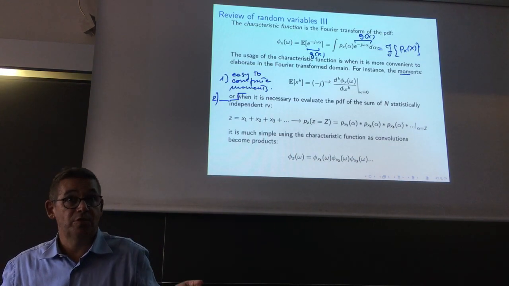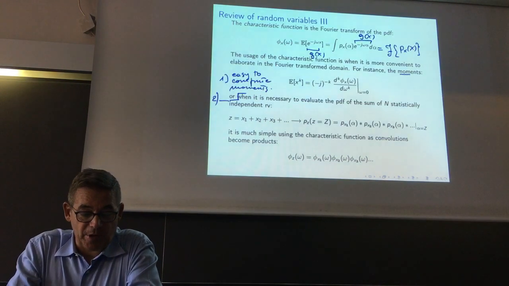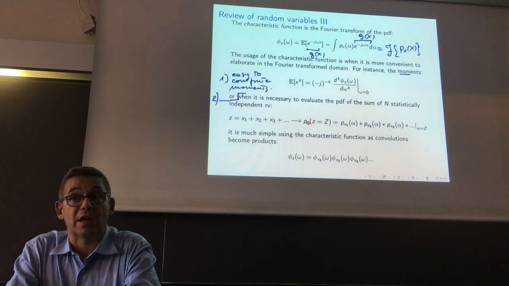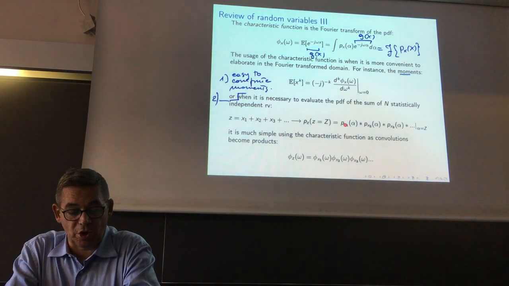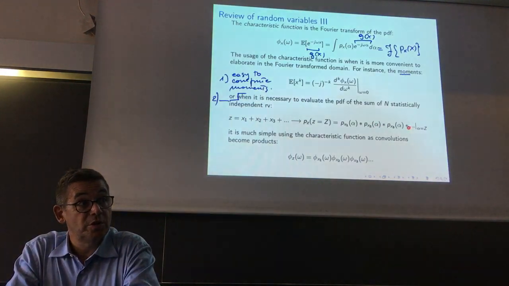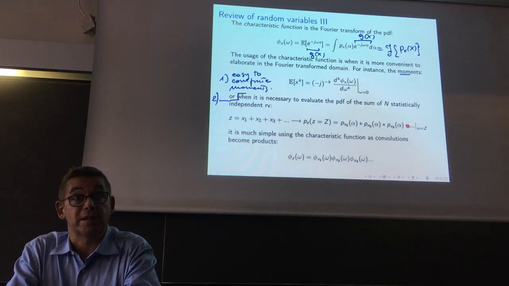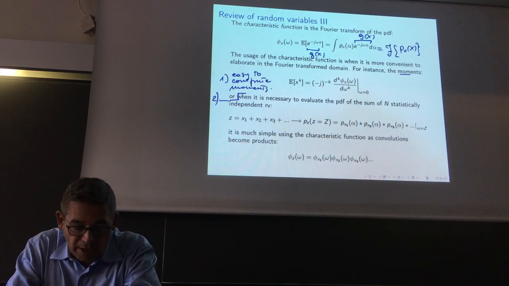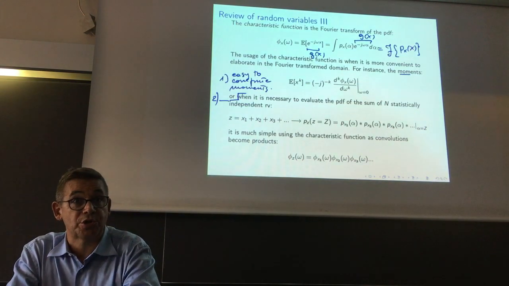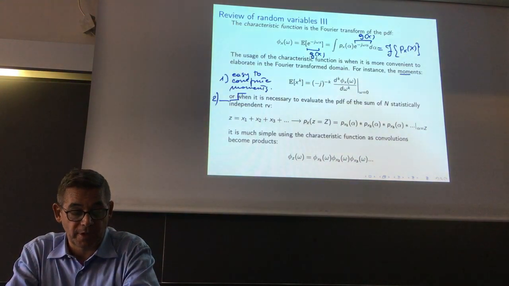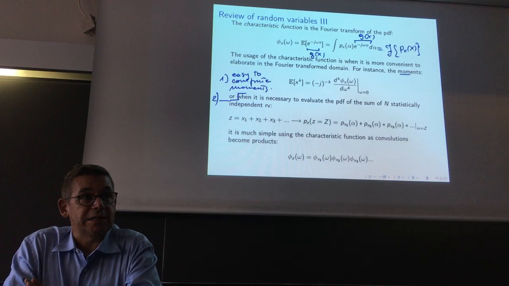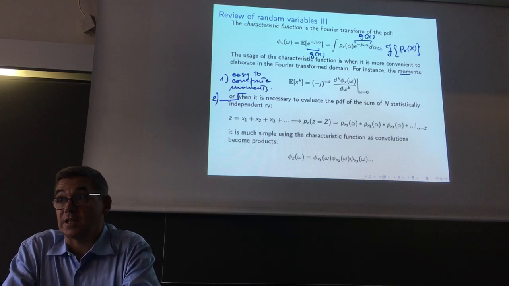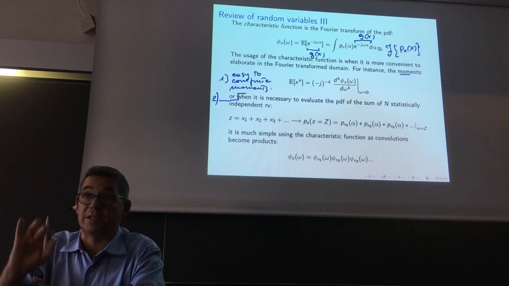We know from the theory that the probability density function of this random variable is equal to the convolution of those individual probability density functions. I indicate it here just to stress the notation. And this is true when the random variables are statistically independent. We will see in a minute.